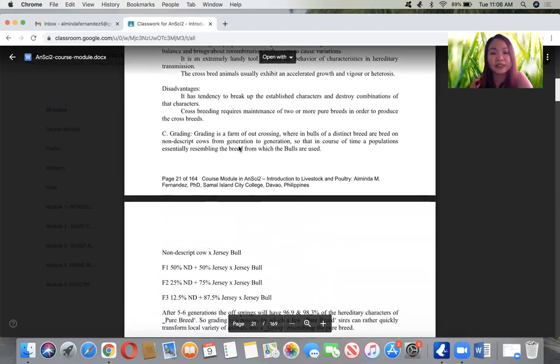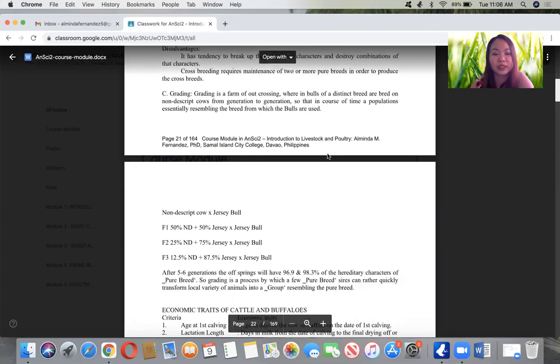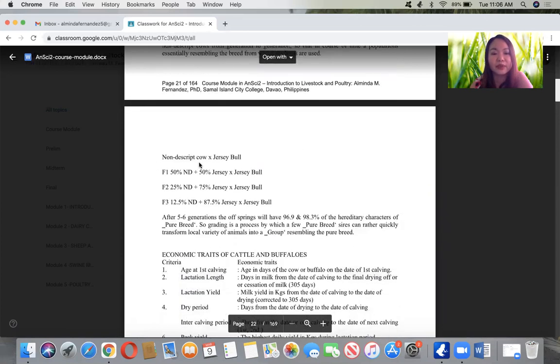Grading up is done out of crossing wherein the bulls of a distinct breed are bred on nondescript cows from generation to generation, so that in the course of time the population essentially resembles the breed of which the bulls are used. For example, with a Jersey bull, in the first filial generation you will have 50% nondescript cow and 50% Jersey bull.